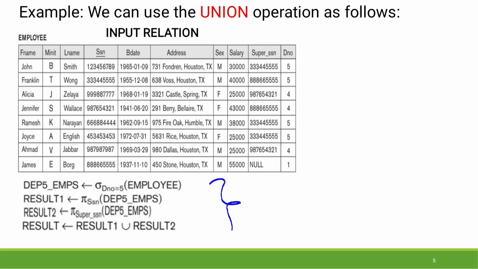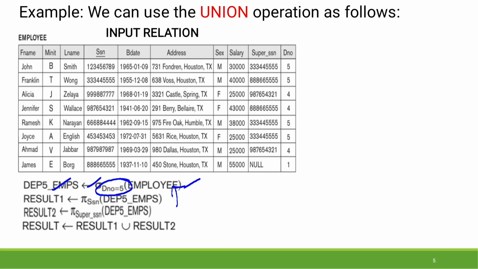For that these 4 steps of operations are done. They are shown in these 4 relational algebraic expressions. First expression does select operation taking employee relation as input. Then it selects only those rows where department number is 5 and the result is saved in DEP5 underscore EMPS intermediate relation.